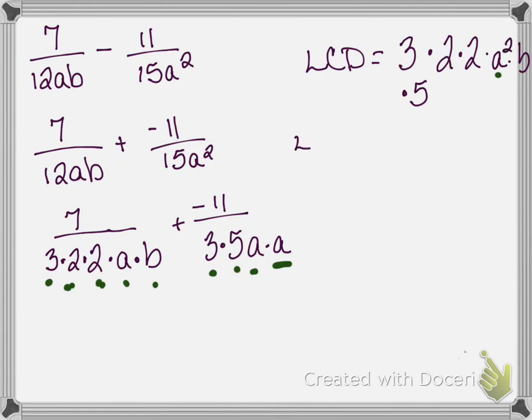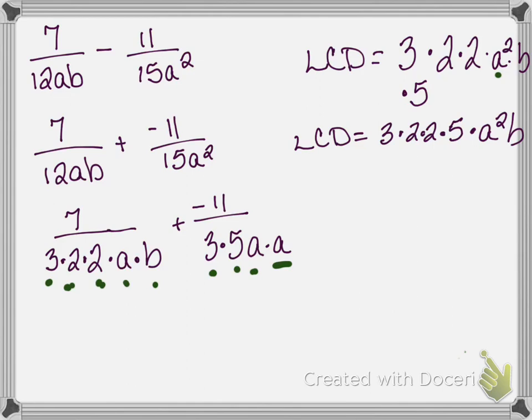So my LCD is going to be 3 times 2 times 2 times 5 times A squared B. Okay? 3 times 2 times 2 times 5 times A squared B.